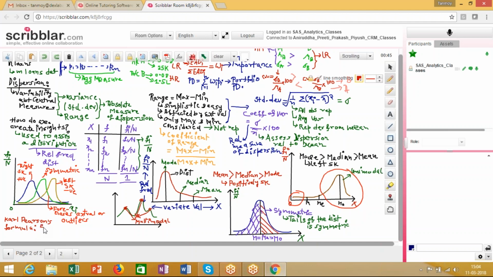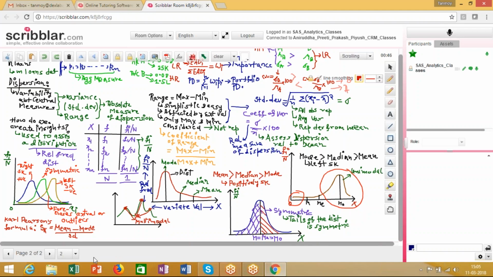I'll denote skewness as SK. So it is mean minus mode, divided by standard deviation.